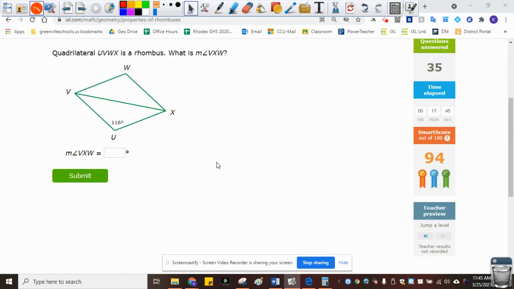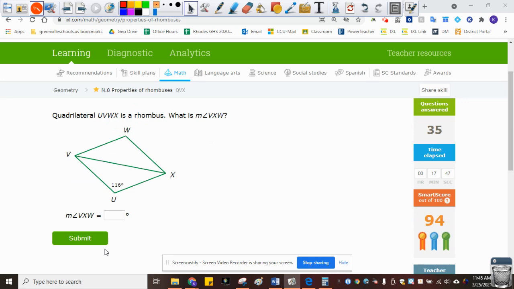Is this a rhombus? It is a rhombus. What is VXW? So again, these consecutive sides are supplementary, so they add up to be 180. So 116 minus 10 minus 6 is 4, 7 minus 1, 6.